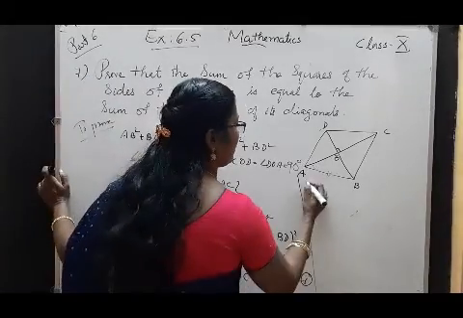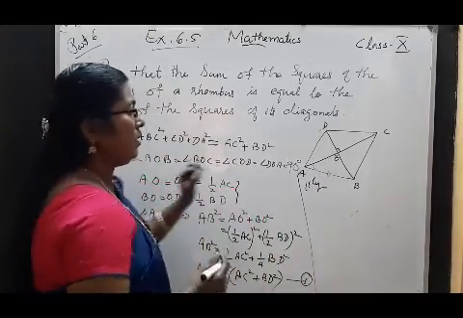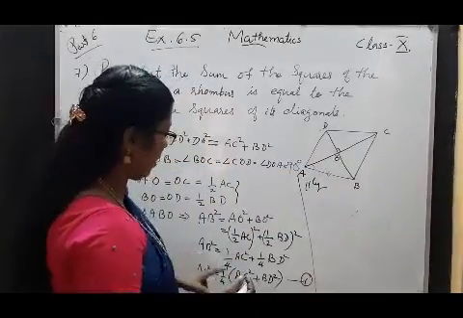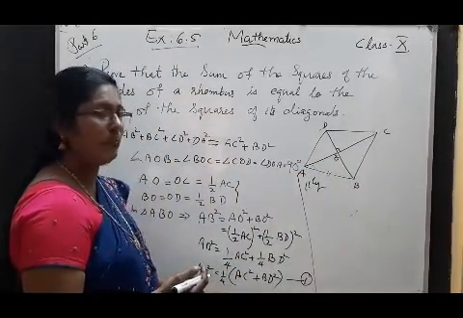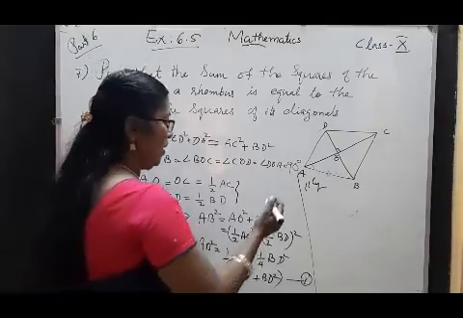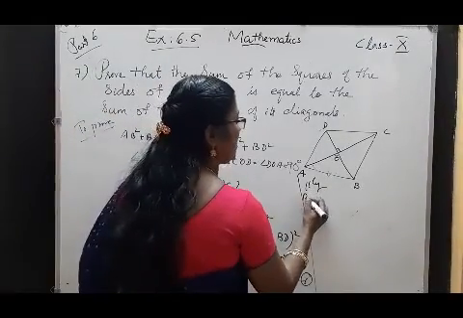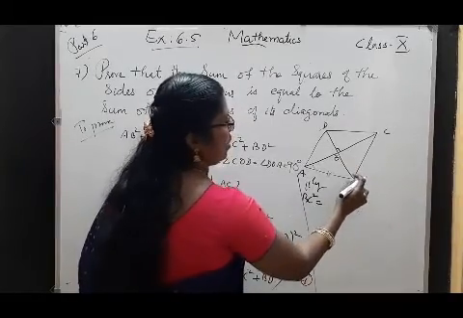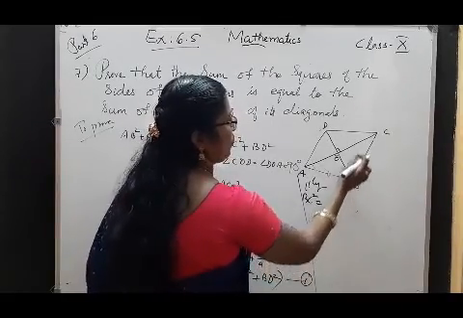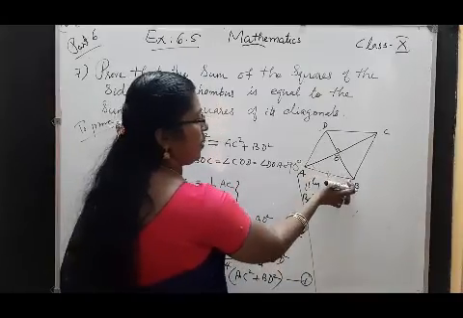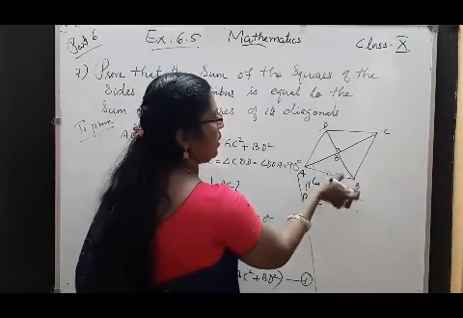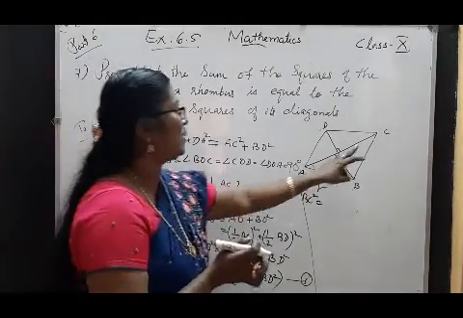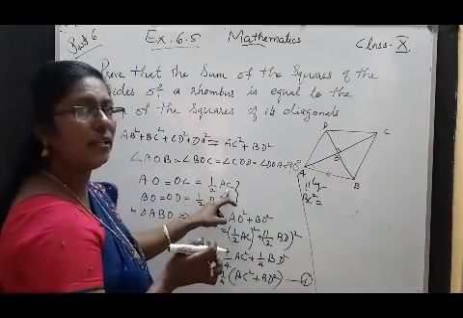Similarly, we can write, this is also a right angle triangle. So we can write BC square equals BO square plus OC square, with BO as half of BD and CO as half of AC.